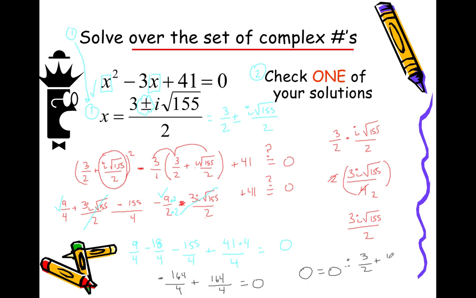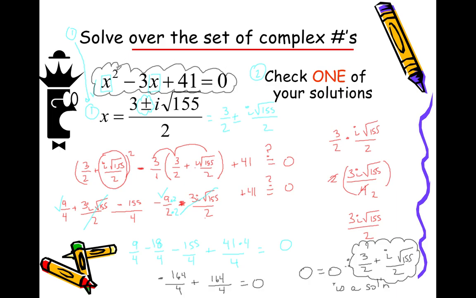3 halves plus i root 155 over 2 is a solution. Not an x-intercept, because x-intercepts by definition must be real, but this complex number is a solution, and will generate 0 in this quadratic. What's the other solution?